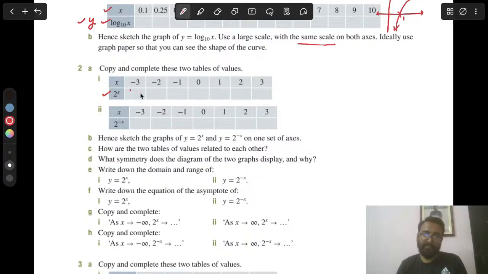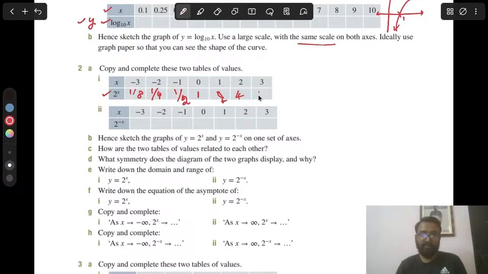1 over 8, 1 over 4, 1 over 2. Something to the power 0 is always 1. Then it's 2, and this is 4, and this is 8.